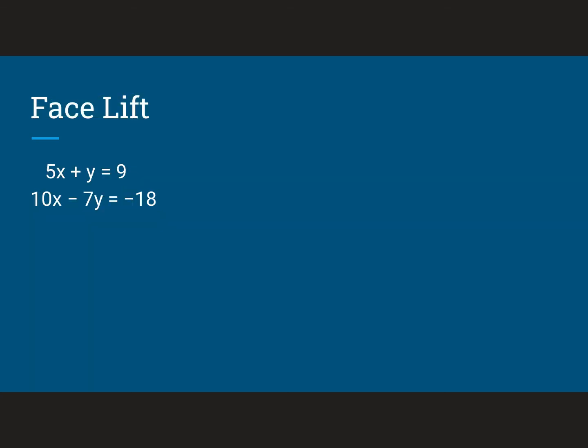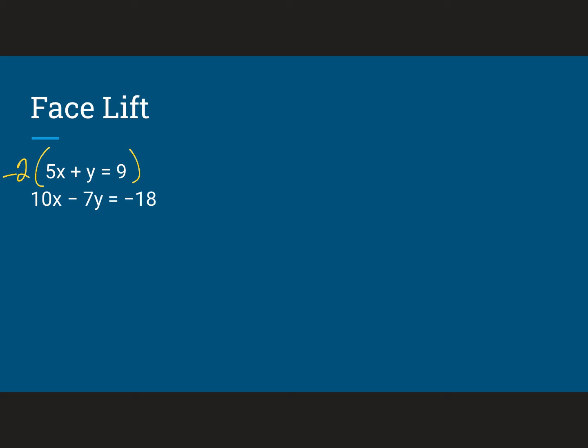Here in this case, you can see that I have a 5x and a 10x, and a positive y and a negative 7y. I can multiply the top equation by -2. I'm doing that because I want to have a positive and a negative of the same number.